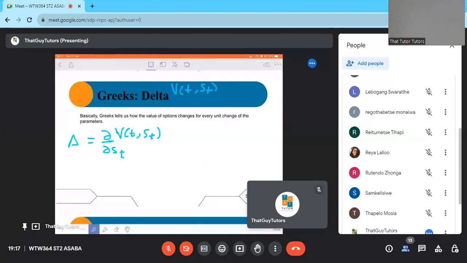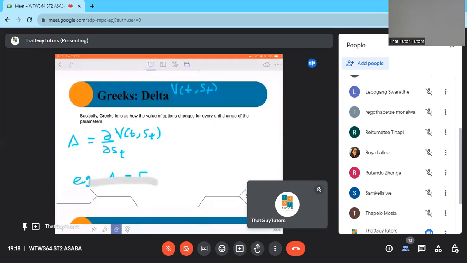Let's say the delta of a claim is 5. It means that if the share price increases by R1, the value of the call would increase by R5. If it's negative, it means that if the share price increases by R1, the value of the claim would decrease by R5. So this is what the delta tells you. It tells you the change for every unit increment of the value of the parameter. In this case, the parameter is the share price.